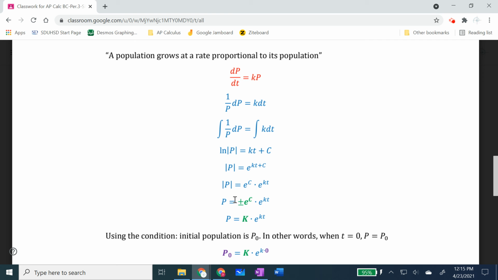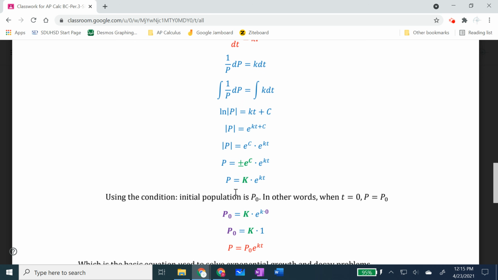Then the plus or minus of the absolute value goes in with the e to the C. Well, you don't need plus or minus if it's population. They might give you something that isn't representing population, so I'm leaving it with the plus or minus. Then you should know that you end up with P equal to some number times e to the kt.